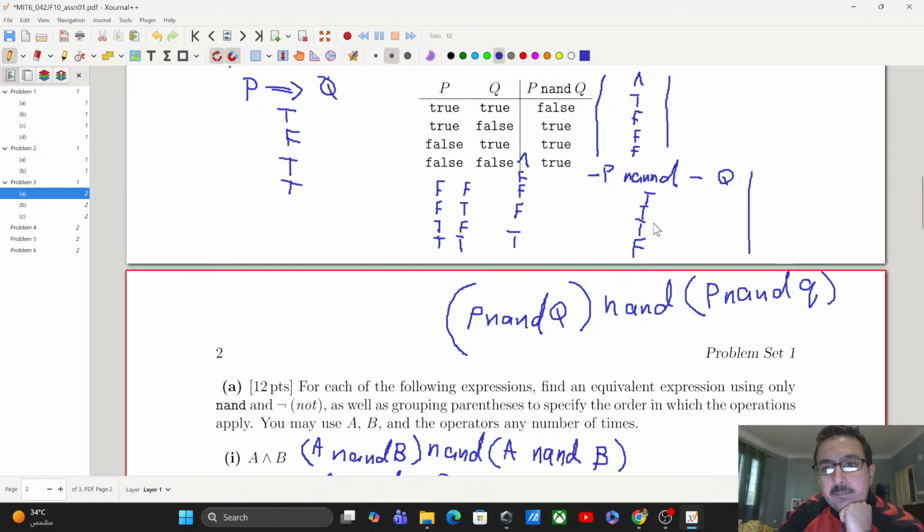Wait. Here it's gonna be true, but the rest it's gonna be true and true, which is false, true and true.